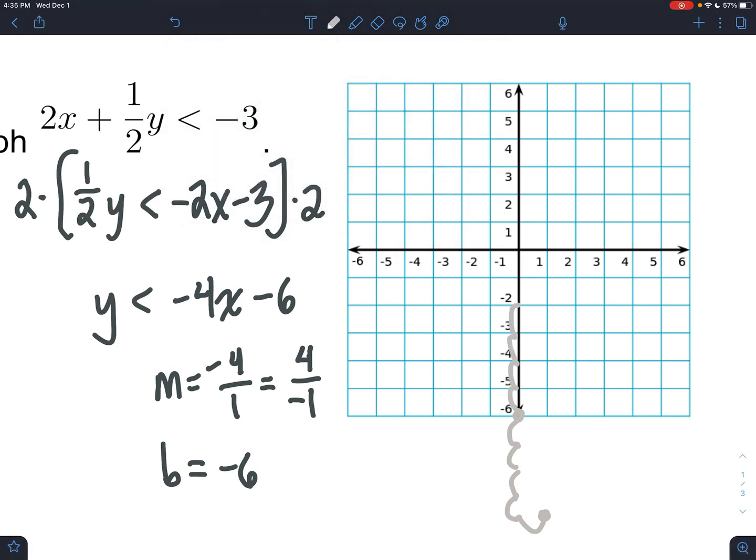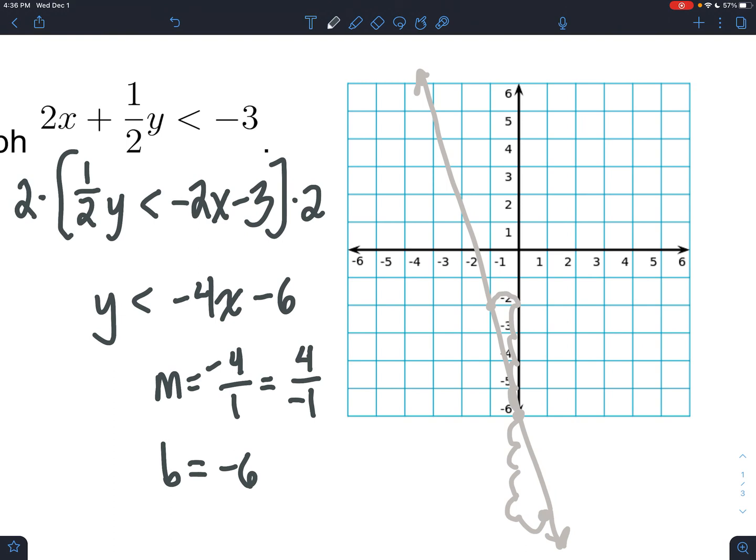So this could be go up 4, 1, 2, 3, 4, and go left 1. So we actually have 3 points now on our graph. But remember, I don't always move to the right, you can also backtrack with the slope. But I'm going to try and avoid having questions on an exam that you have to go off the grid super far.